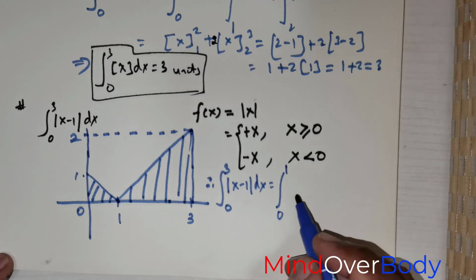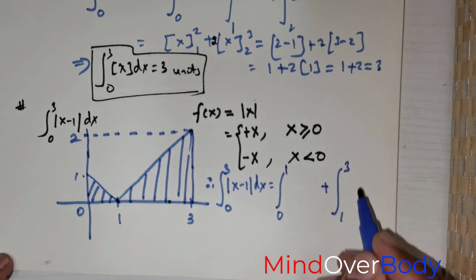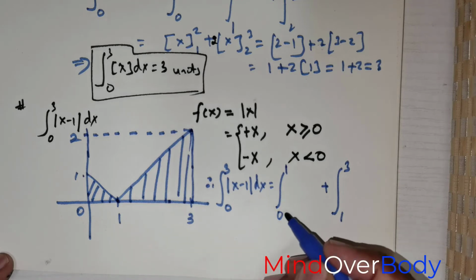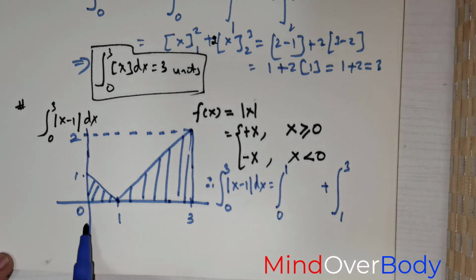So 0 to 1 would be one quantity and the other one would be from 1 to 3. So the question is, what would happen to the function in this particular range 0 to 1? We need to study the function for all values of x between 0 and 1.